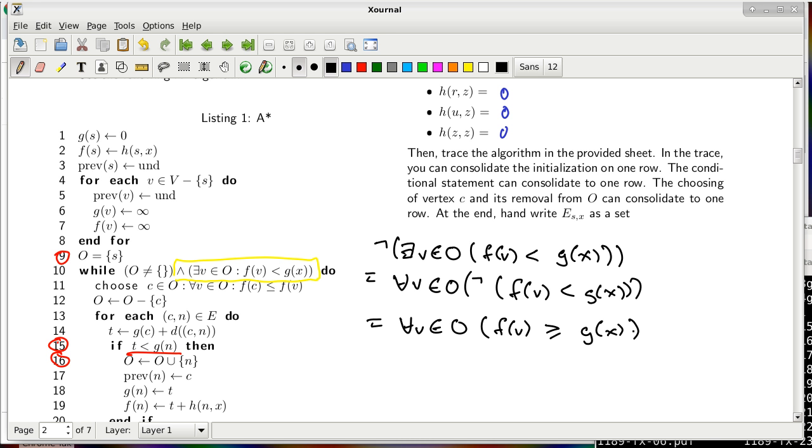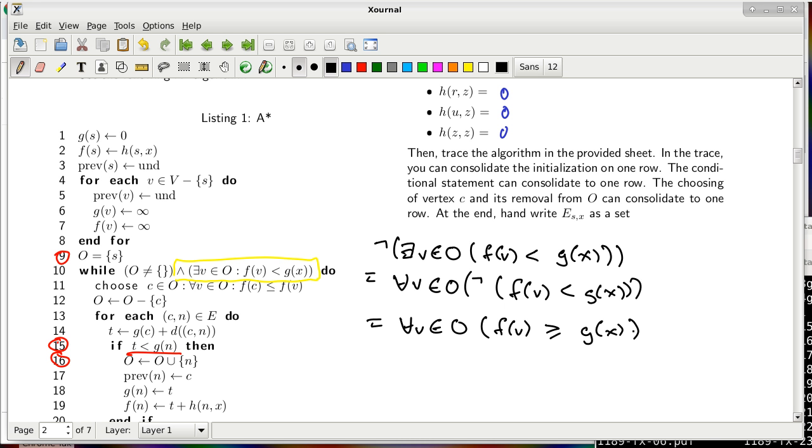That's something that we have confirmed already. f of v, on the other hand, is the estimated length of a path from the start vertex through vertex v to the destination. Are we doing okay so far with that?